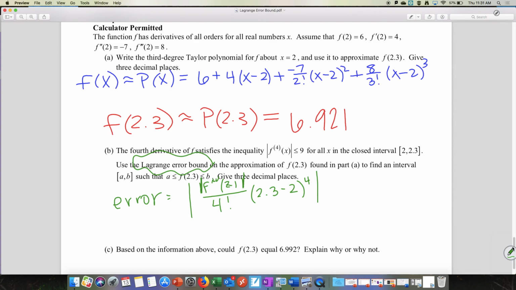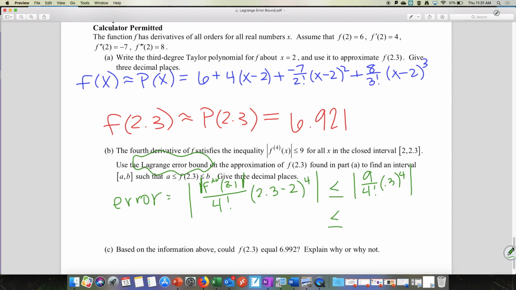This is what we're approximating. This is where it's centered. Well, what is our max derivative? We know it's less than or equal to 9. So what's the error to 3 decimal places?